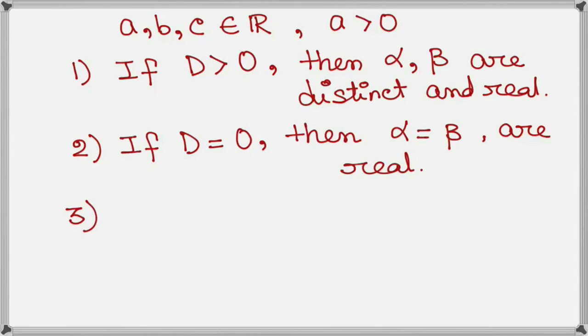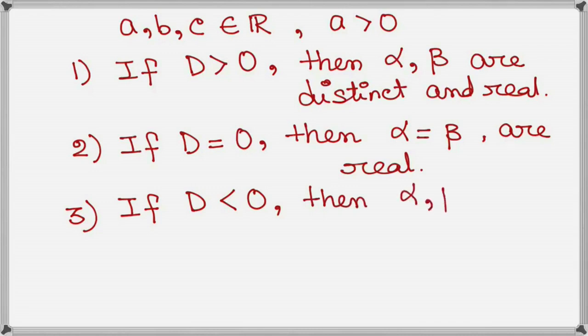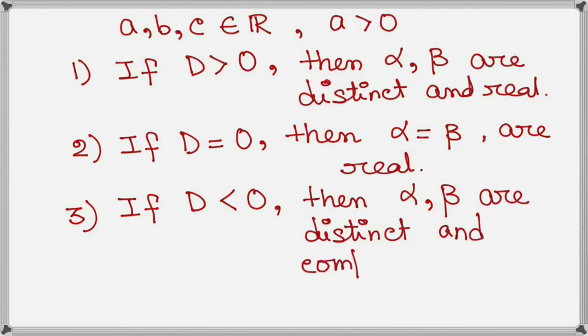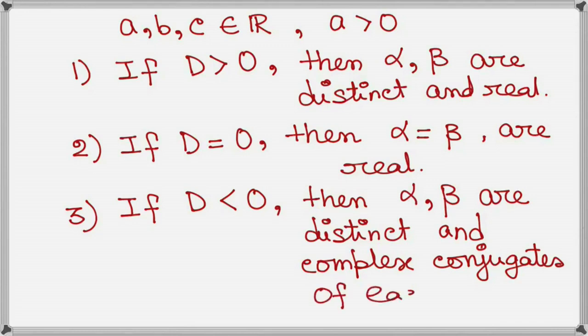And the last thing, if D is strictly less than 0, that is if D is negative, then alpha and beta are both distinct and they are complex conjugates of each other. Let us keep these facts in mind because these facts will be useful for our problem solving sessions.